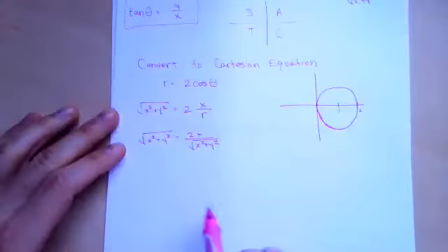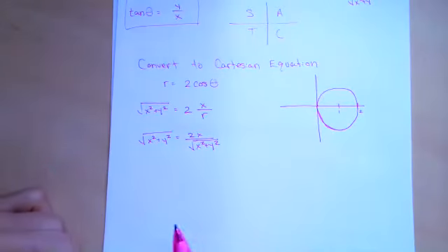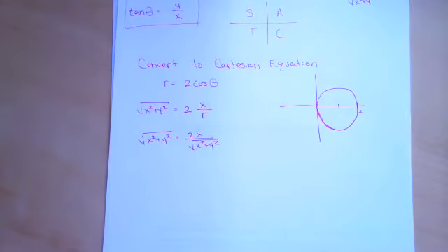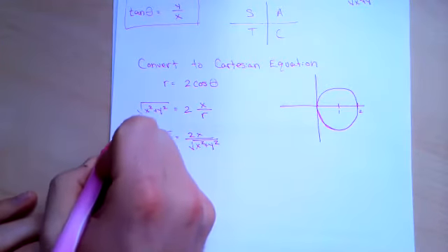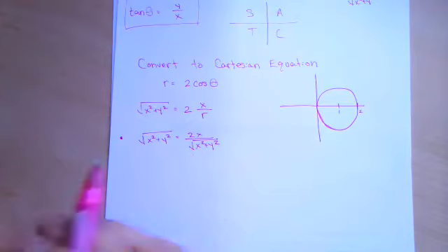So sines and cosines are pretty easy to substitute out now. And then what we want to do is just maybe play around with this. I mean, this is a good equation. It's a Cartesian equation, but it doesn't look like a circle equation, right? So this is one of those things, again, especially on a multiple choice exam, where this isn't a bad equation. It's just maybe not an answer that's listed.